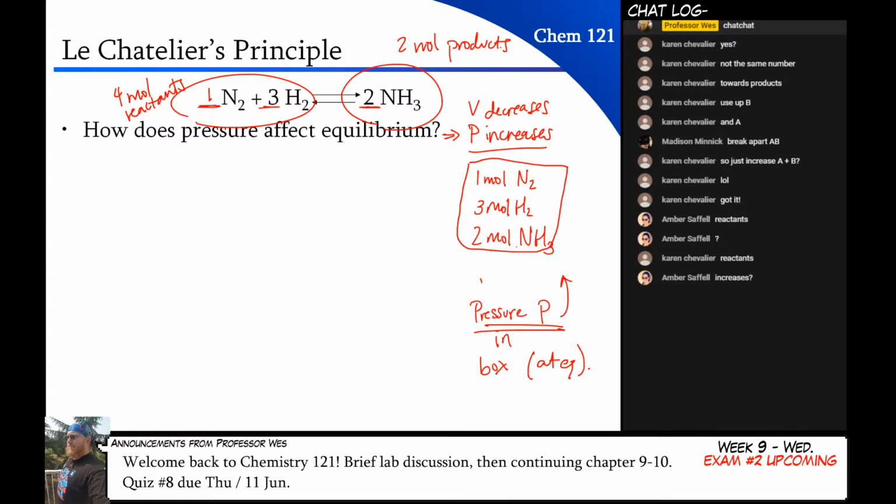Something with 4 moles would have a higher pressure than 2 moles because there's just more particles hitting the container. So in order to reduce the pressure to undo this increase that I put on it because I decreased the volume, the reaction will shift to the side that has fewer moles. That's this. So if I decrease the volume in this case, the reaction will shift towards products.